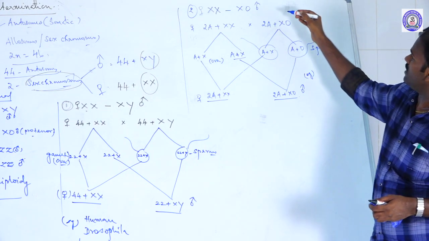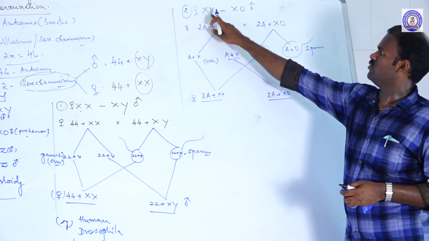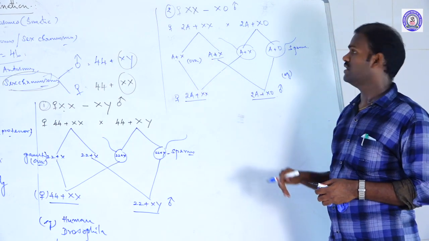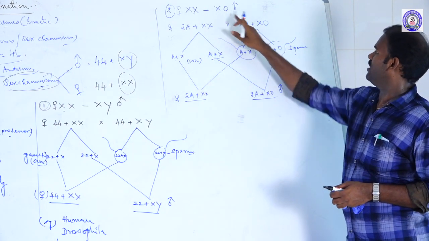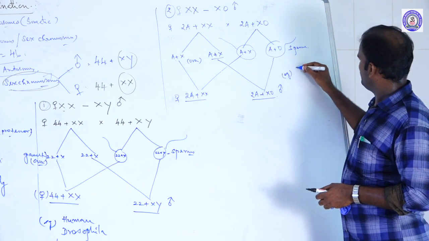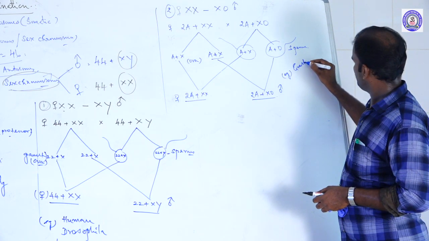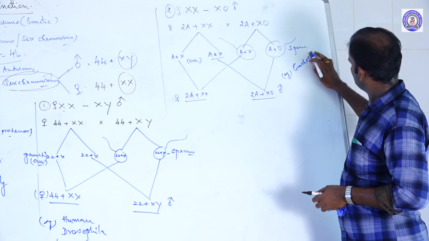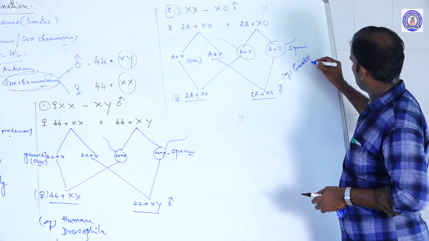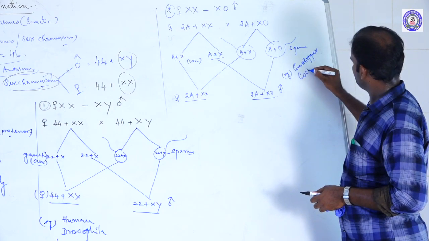This type of sex determination is also called protenor type. Here, the female is homogametic, only one type of gamete is possible, and male is heterogametic. There are two different types of sperms. For example, grasshopper, then cockroach.